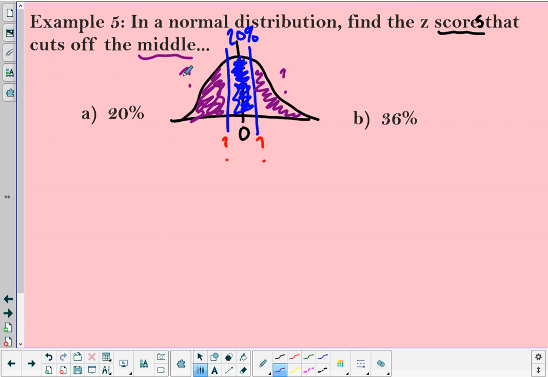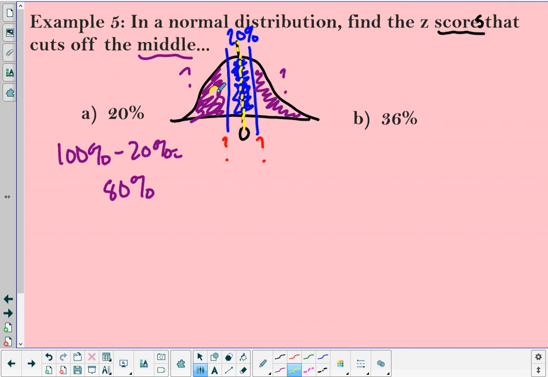So if 20% of the data is what I want, you have to think of what you're cutting off. You're picking the 20% in the middle, so how much data are you cutting off? If you think of 100% of the data and you subtract 20% of the data, that means you're taking out 80% of the data. Now, recall that the normal distribution curve is symmetrical.